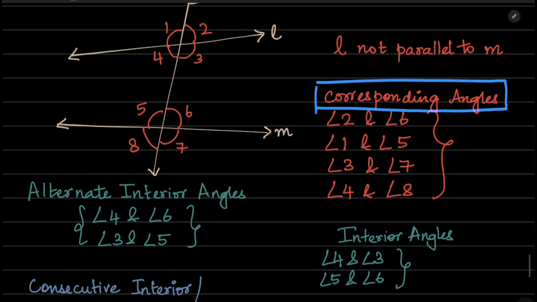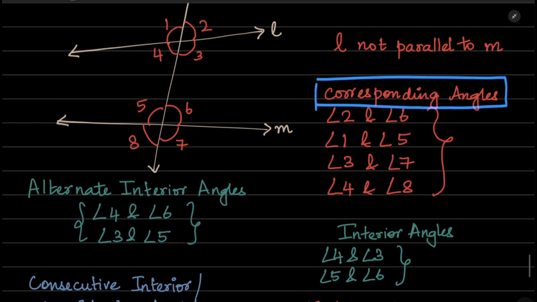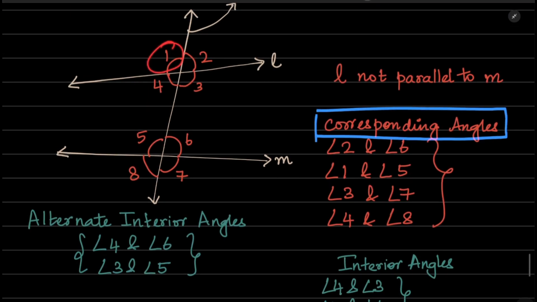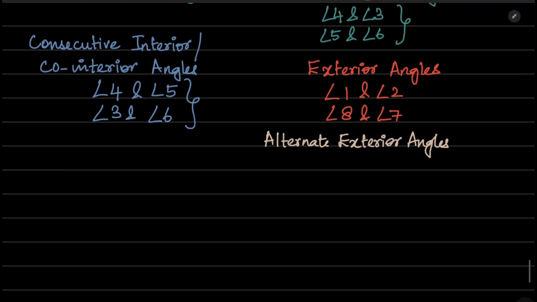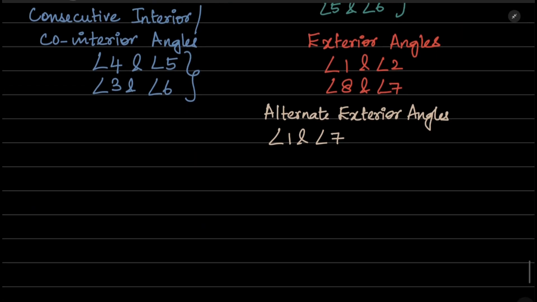Alternate exterior angles: angle 1 and angle 7, and angle 2 and angle 8 are alternate exterior angles.